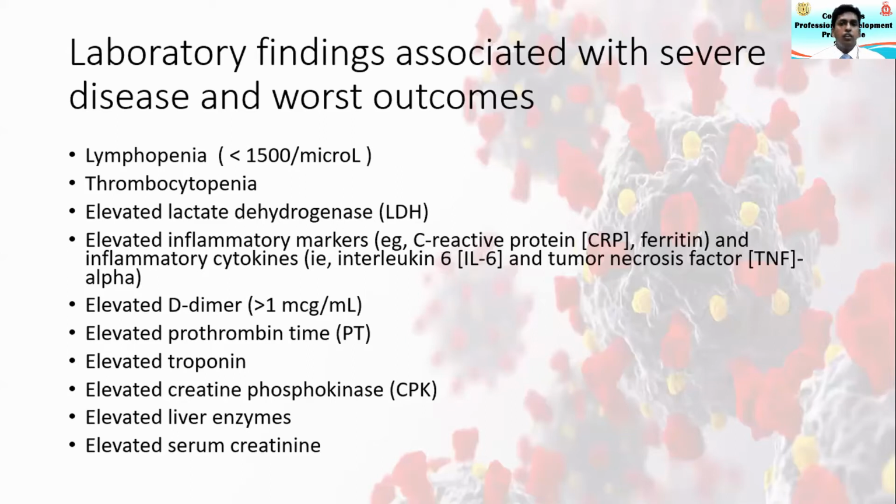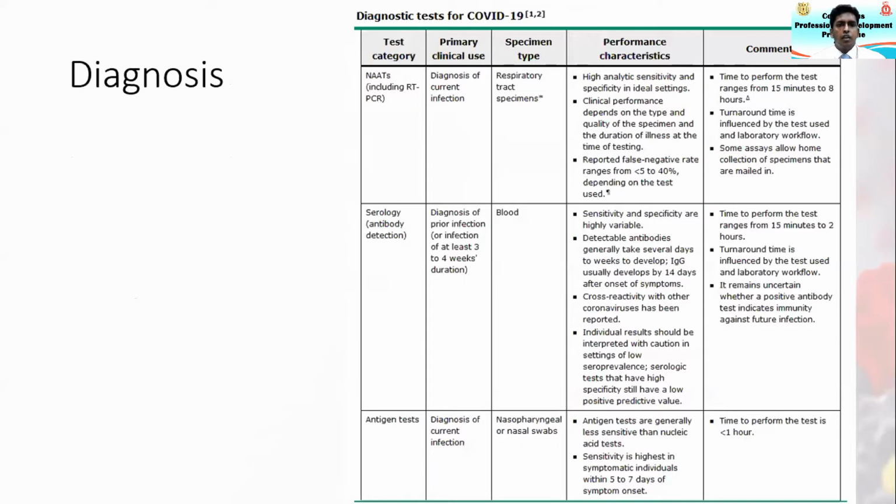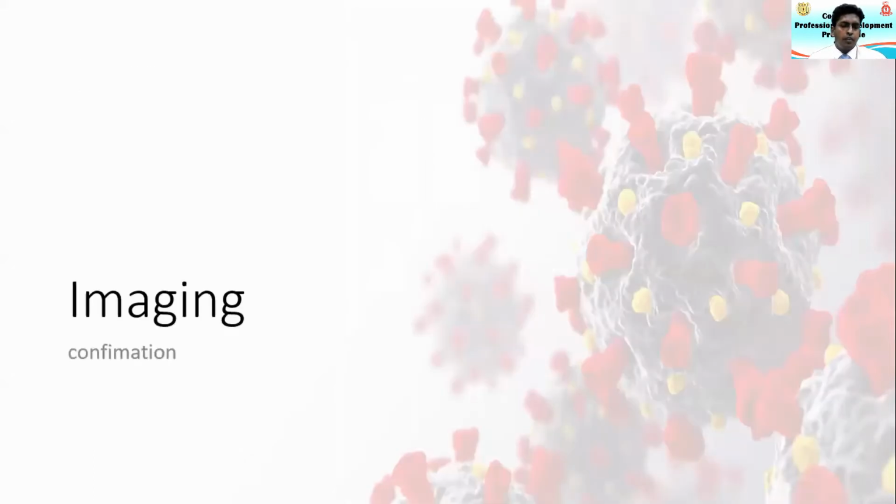Those are signs of worse outcomes. So for diagnosis, we have three types of tests: nucleic acid amplification, that means real-time PCR, serology, and the rapid antigen test.